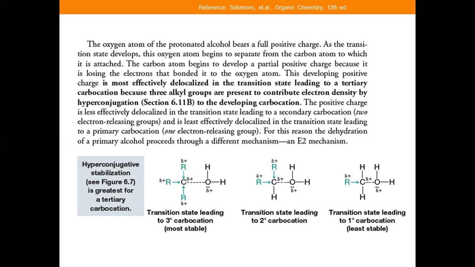It is a sideways overlap of the sp3 hybrid orbitals and the p unhybridized orbital of this one. If you remember, you can review what hyperconjugation is all about. So the more the alkyl groups are located or situated to your positive carbon or developing positive carbon, the more your transition state is stabilized to lead to the formation of your carbocation.